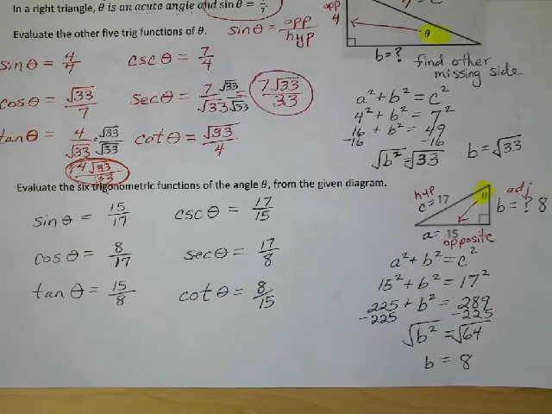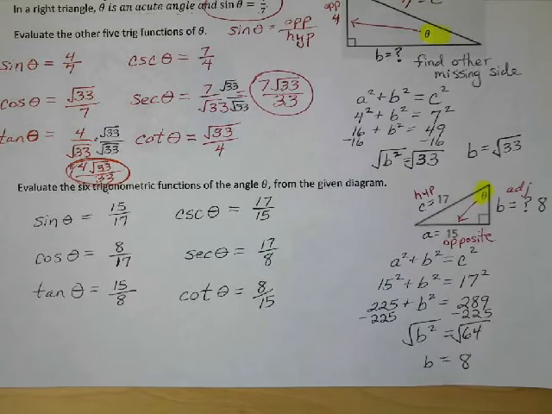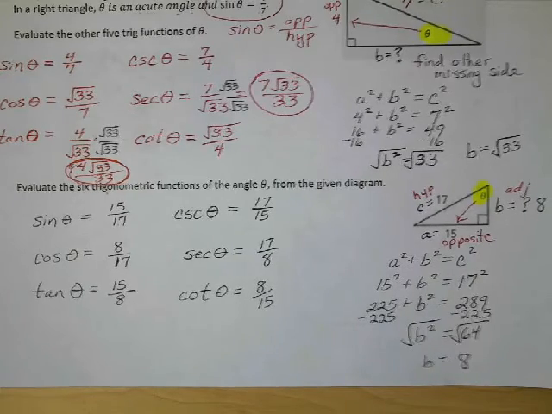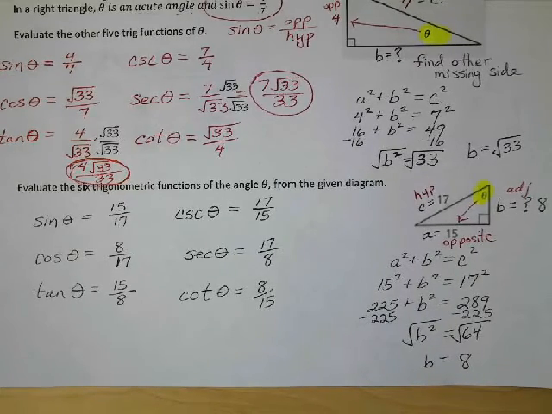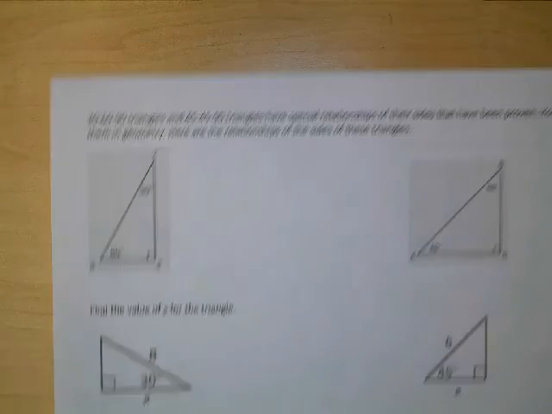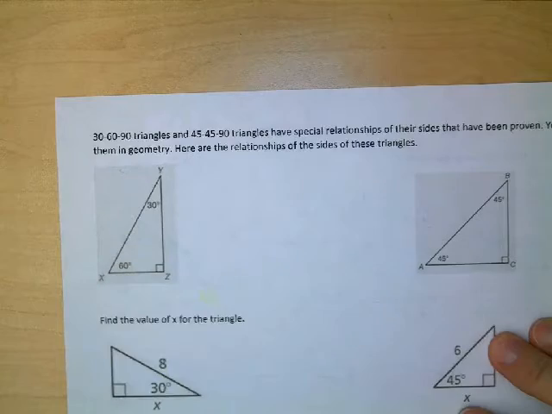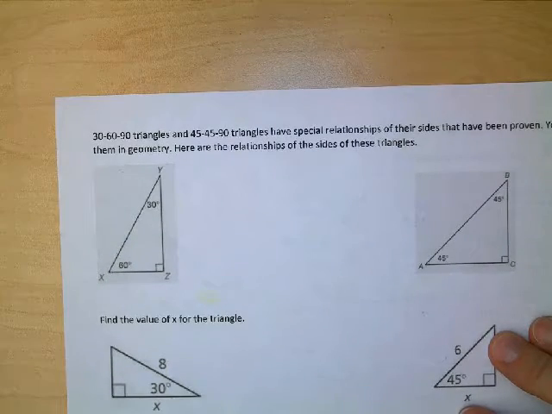And it's not too bad, is it? That's pretty easy. Alright, so hopefully some of that was familiar. Maybe a little of it was, like a squared plus b squared equals c squared. And then on the back is 30, 60, 90 triangles and 45, 45, 90 triangles.